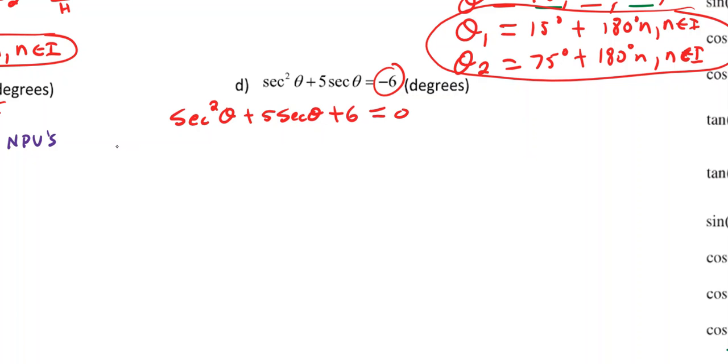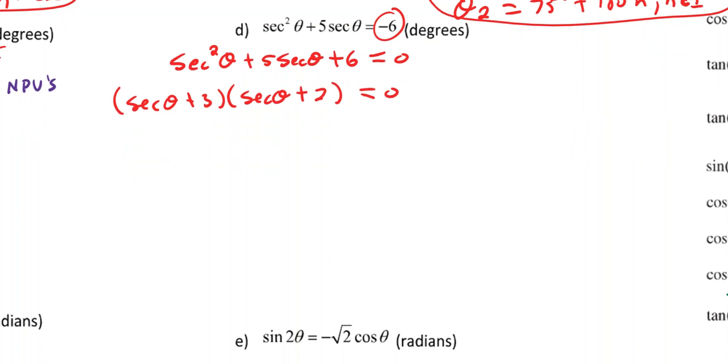So now what we've got is secant theta plus 3, and then secant theta plus 2 is equal to 0. Okay, now let's make a little expression for each of these.